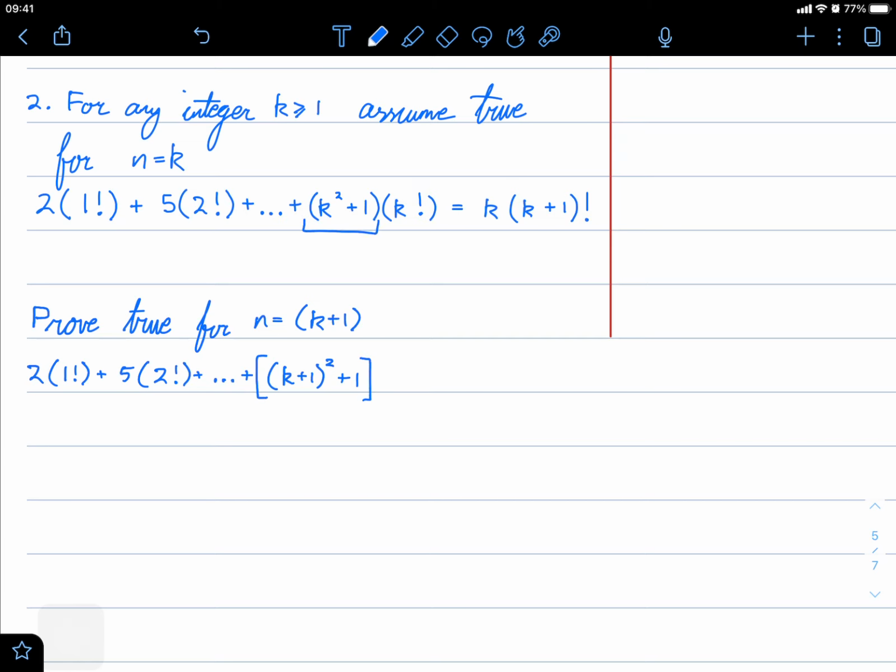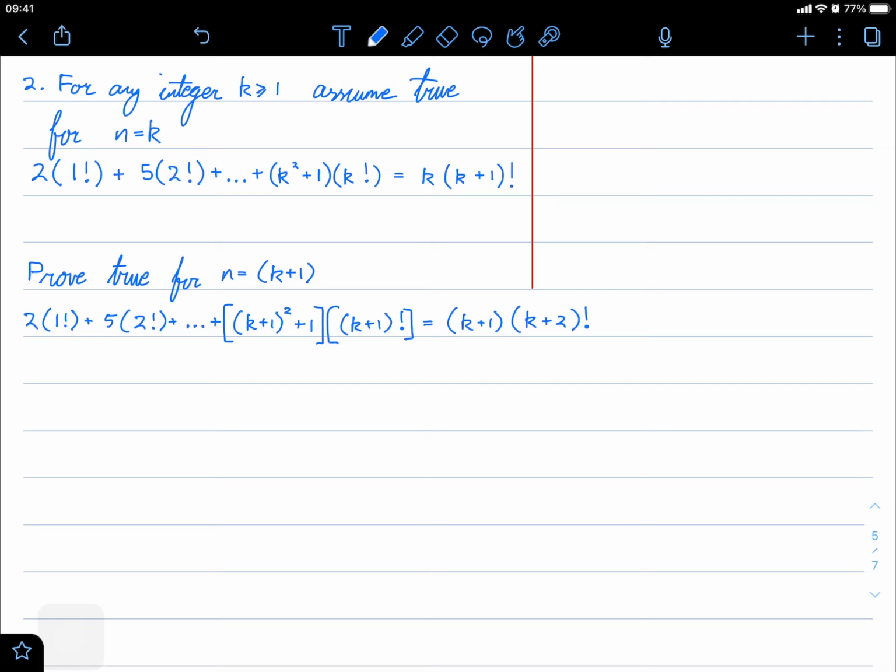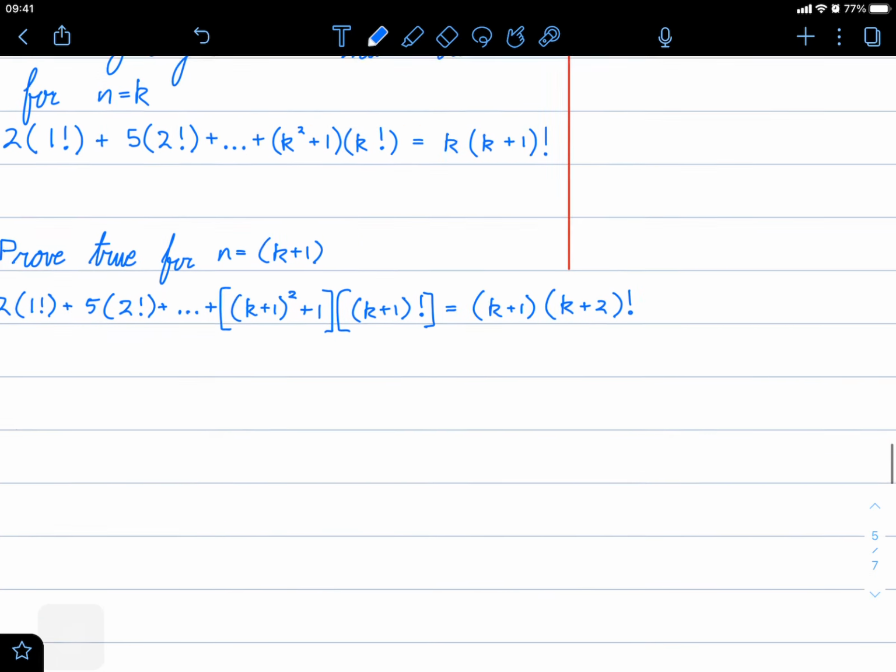So there's that expression where I substituted k plus 1, times k plus 1 factorial is equal to, now substituting k plus 1 here, we get k plus 1 plus 1. So in reality, we'll get k plus 2 factorial.